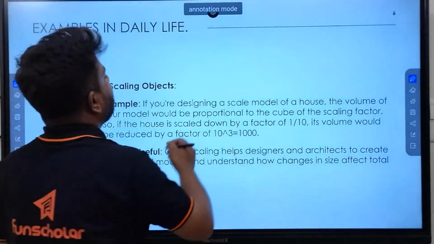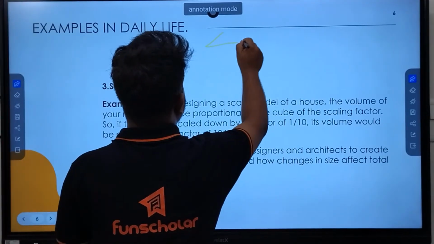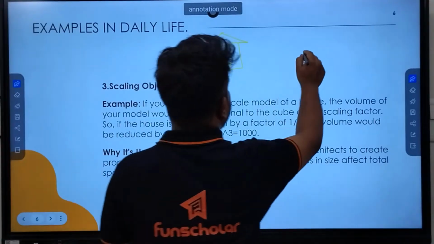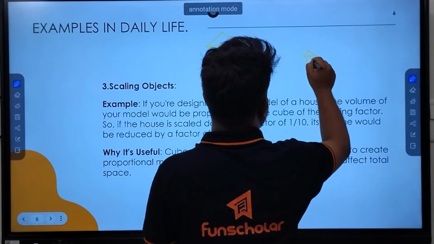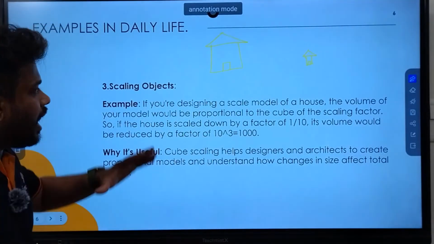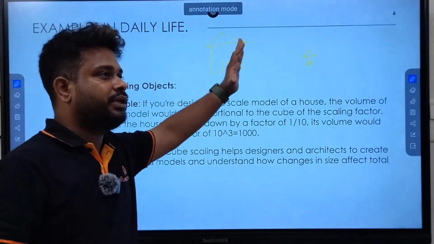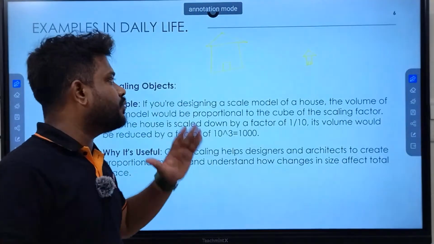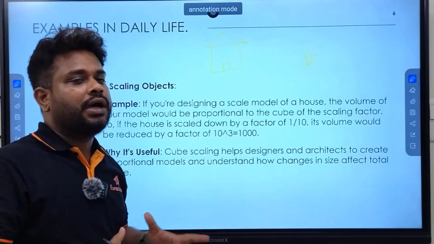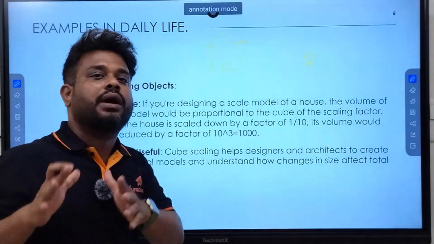So if this is a bigger house and I am making a smaller version of it, I have to measure carefully how this house can be transformed to this house, or how I can perfectly model a smaller house by looking at a bigger house.